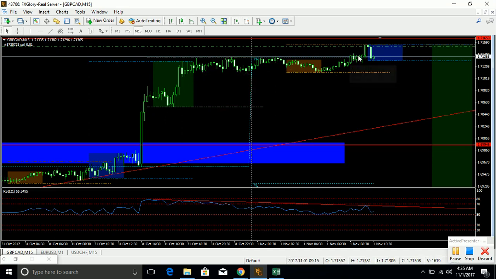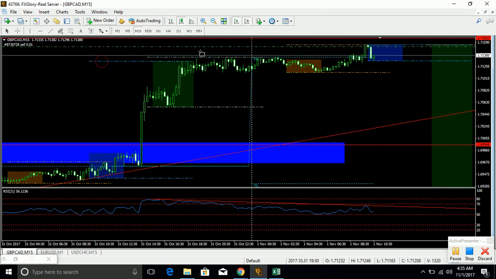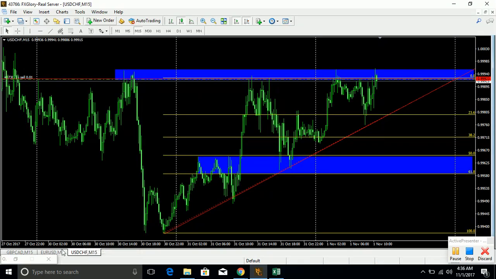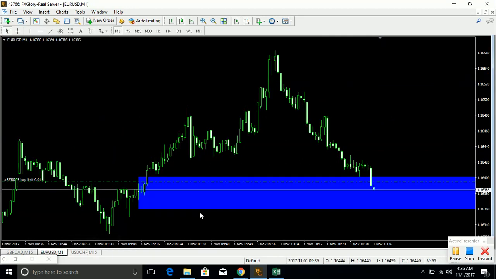Notice how we're still consolidating right on yesterday's high. Alright, now we're almost activated. We got about another 10 more pips to drop before we'll be activated on this particular buy entry.